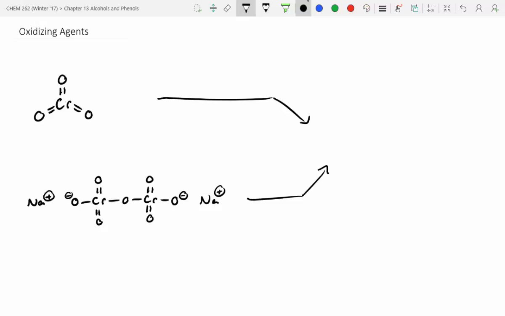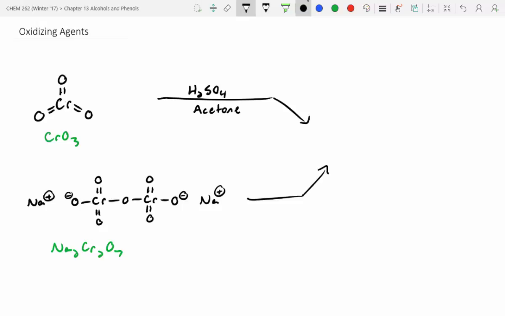So the first thing you can do is you can use chromium trioxide, or you can use sodium dichromate, Na2Cr2O7. If you use chromium trioxide, you typically run this using sulfuric acid and acetone, just to make it a little bit more dangerous.